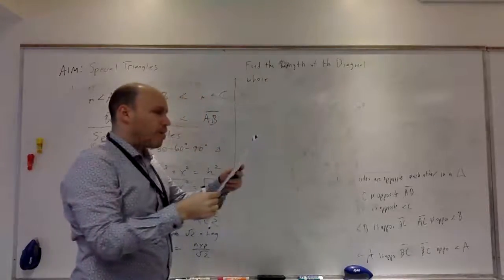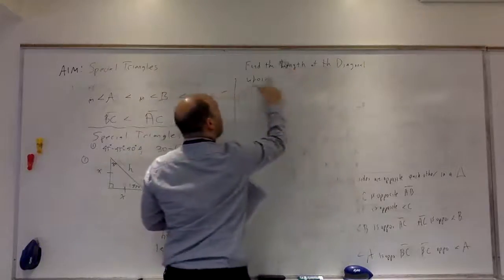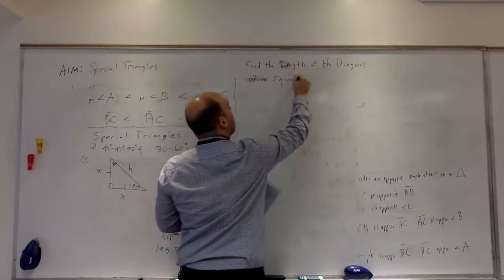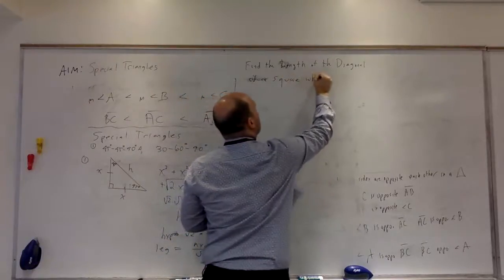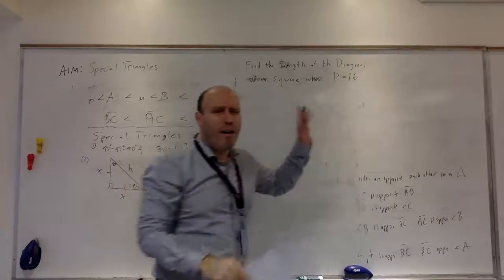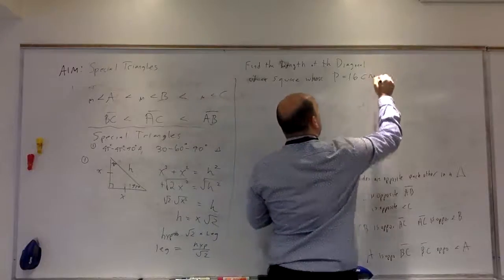Find the length of the diagonal of a square whose perimeter is 16. I'm going to leave off the units. 16 centimeters.